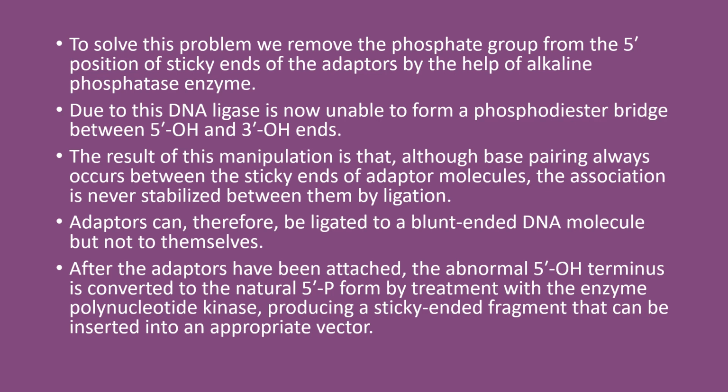After the adapters have been attached, the abnormal 5'OH terminus is converted to the natural phosphate form by treatment with the enzyme polynucleotide kinase, producing a sticky end fragment that can be inserted into an appropriate vector.